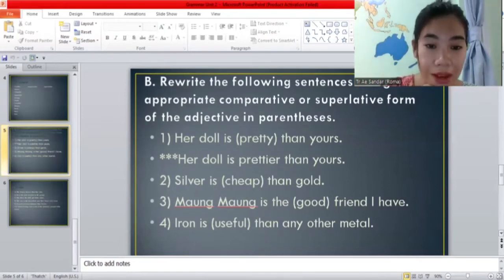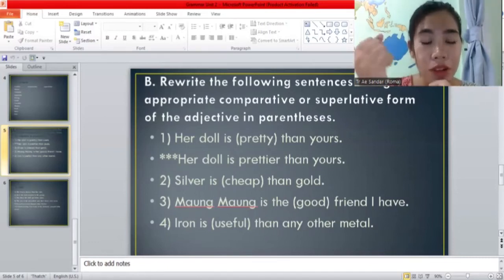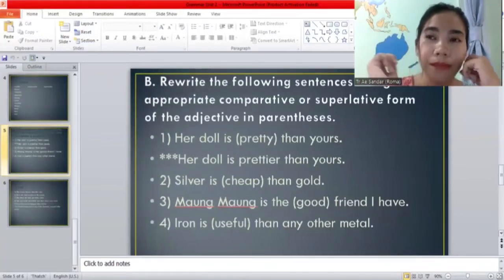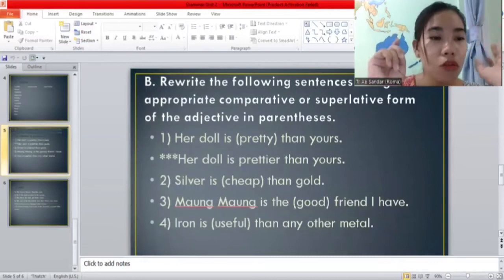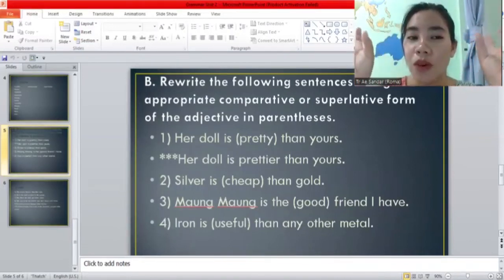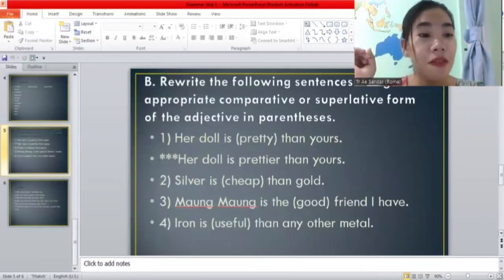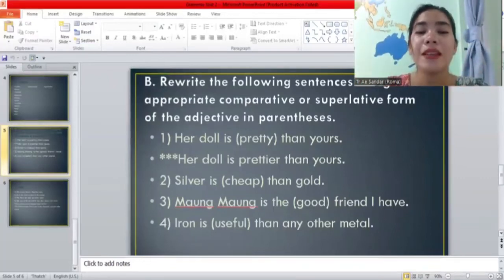Okay, the first one: her door is pretty than yours. You have to change it to prettier, because it compares her door and your door, only two. So her door is prettier than yours.